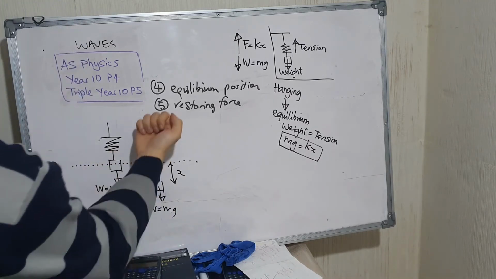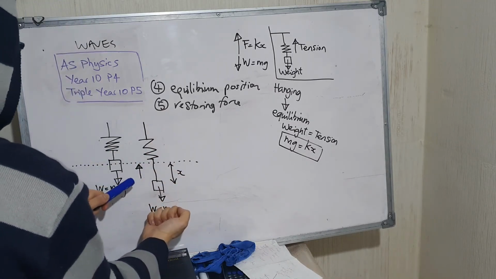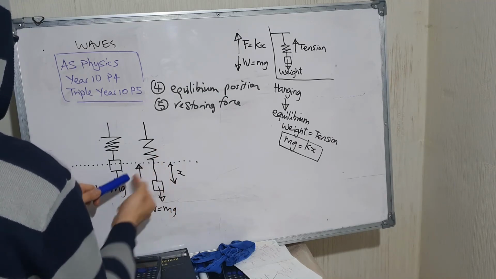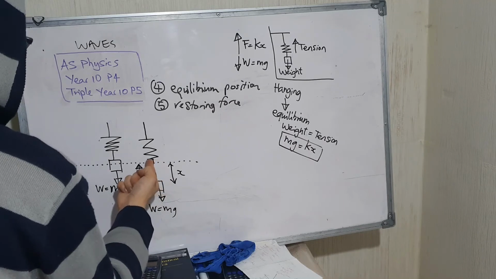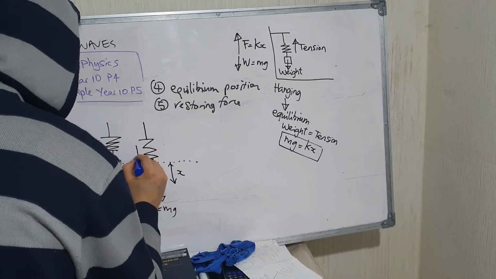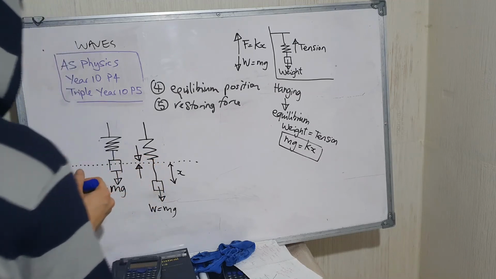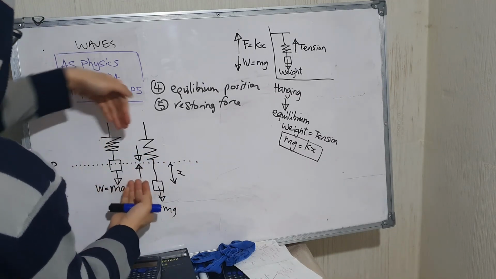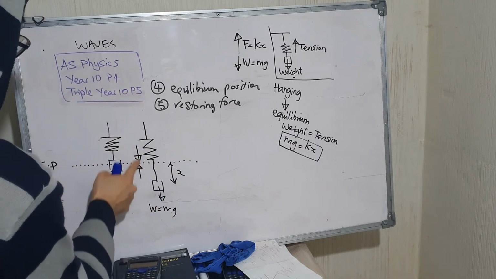So you've pulled it down. Now, once you've let it go, it will go back up. Once it passes through the equilibrium position, it will start to slow down again, and there will be another force acting down this way. So you could say that equilibrium position is in between these 2 points.